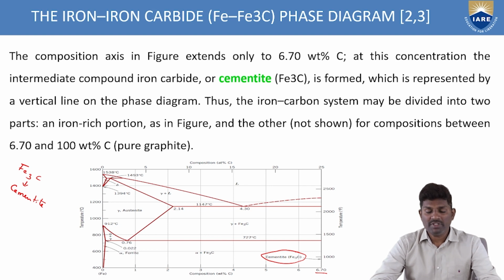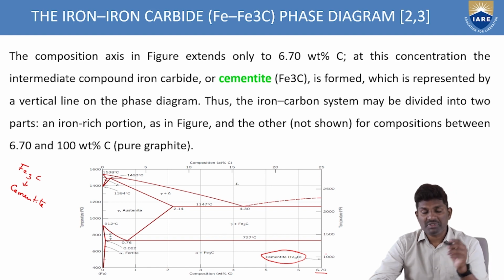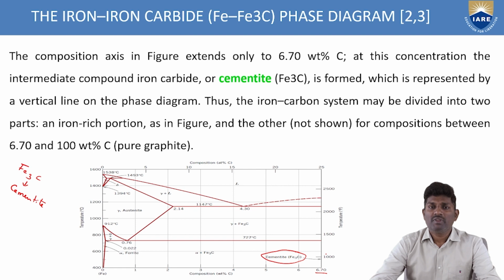It is cementite which is formed up to this 6.708% of carbon, which is represented by a vertical line in the phase diagram. Now the iron carbide system may be divided into two parts. Up to 6.70 is one part, and from 6.70 to 100% is another part.